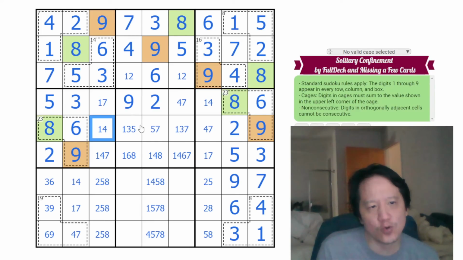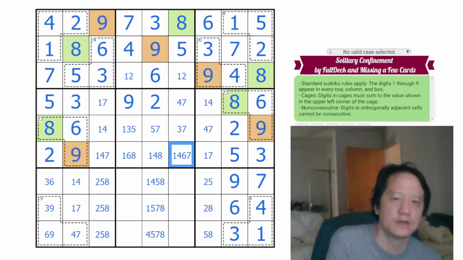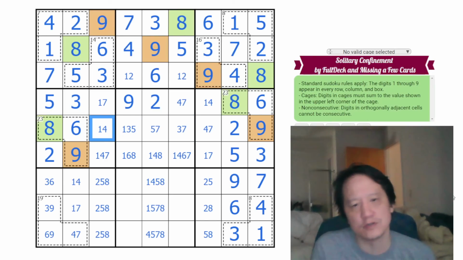If this is 4, this has to be 1. So this can never be 1, right? If this is 4, this cannot be 3 or 5, so it has to be 1. And then 1s are seen here. If this is 1, obviously it can't be 1. So this can never be 1. This is 3 or 7. Interesting.